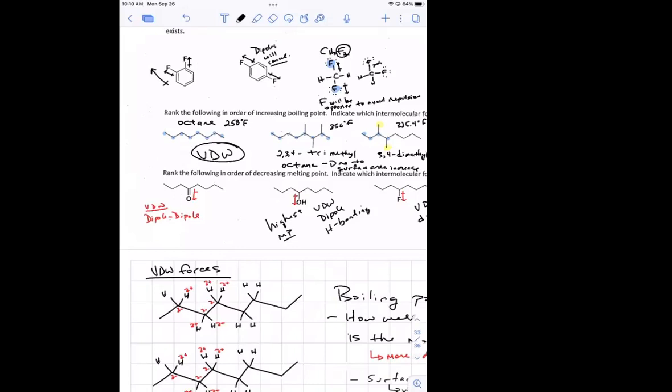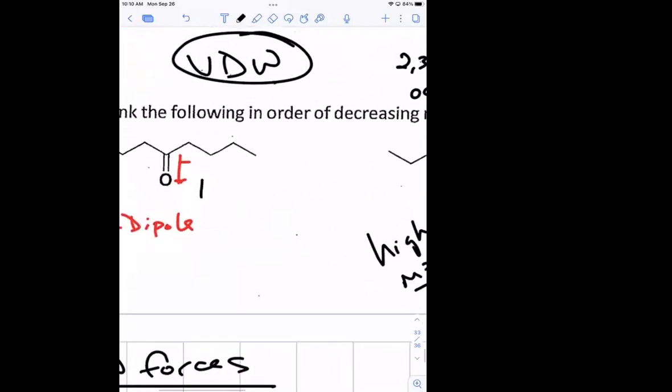Well, we have a way to do that, right? Can we just take the difference in electronegativities? So for this one, delta EN would be 3.5 minus 2.5.